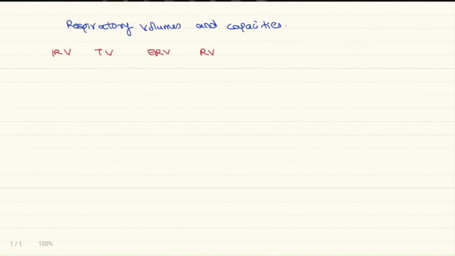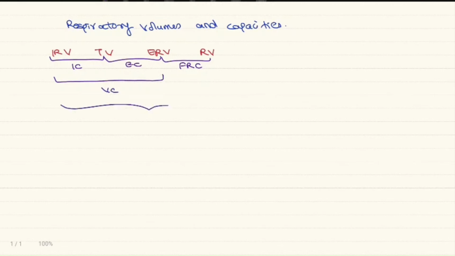When you take them in different combinations and add them, they will form something called the capacities. So try to understand, there are four basic volumes, and when you add these volumes in different combinations, they form the capacities.